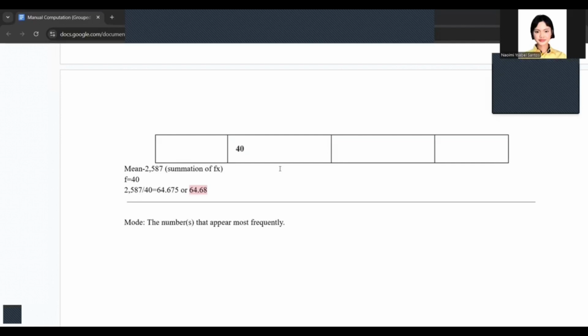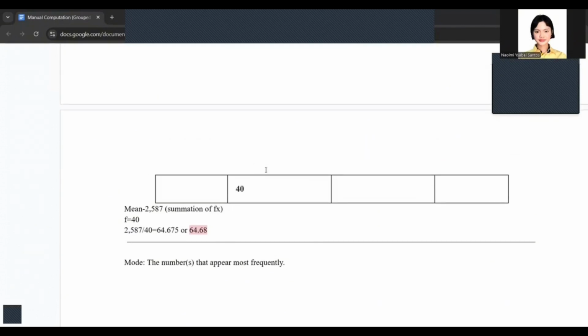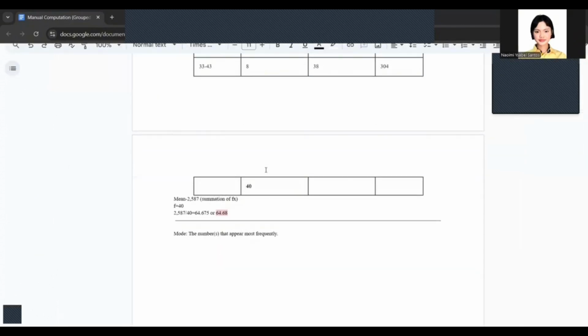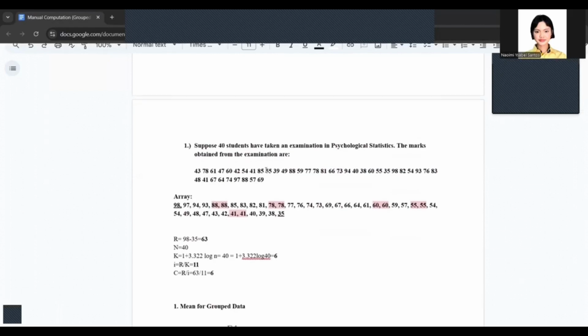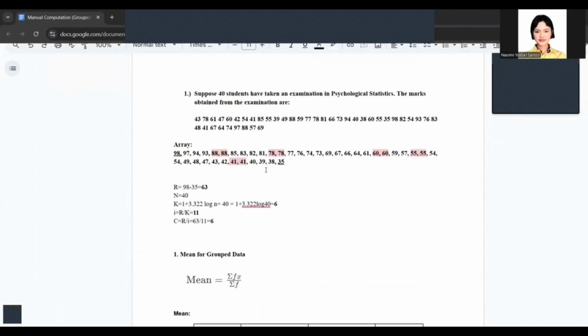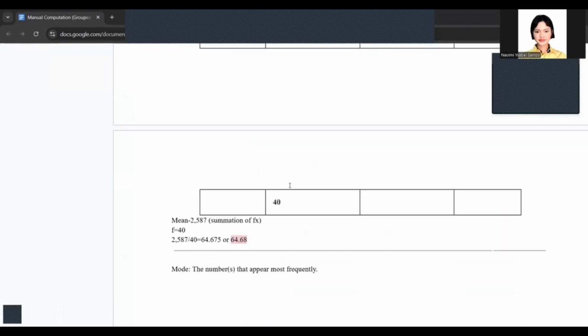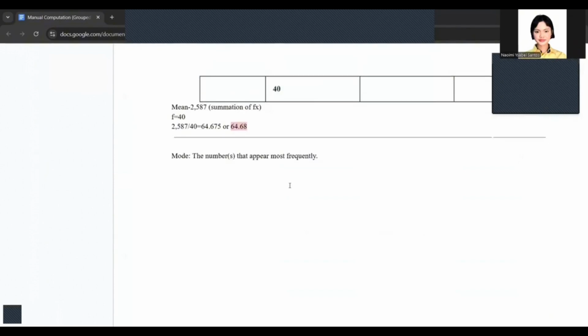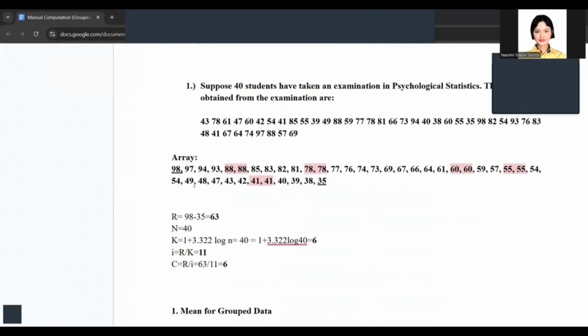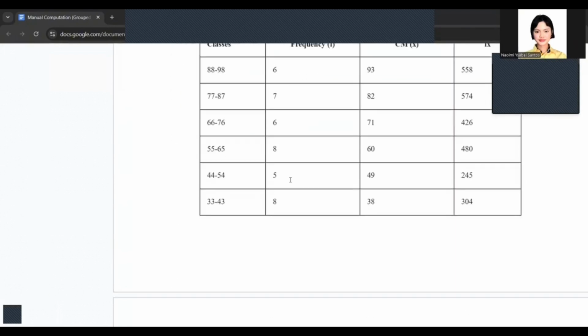So the next step is finding the mode. Finding the mode is the easiest one. We're just going to check our array. We will find the most frequently repeating number. So we have 88, 78, 60, 55, and 41, which are repeated 2 times.